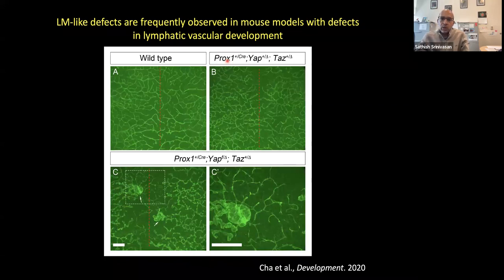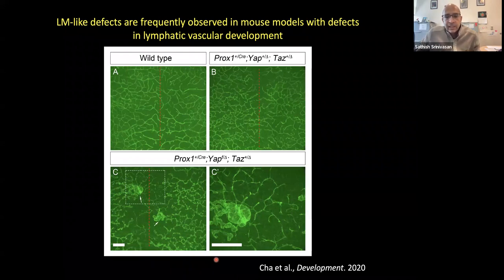So when we delete one allele of PROX1, one allele of YAP, and one allele of TAZ, you can see that there are some defects here. You can already see that the lymphatic density is somehow increased, but the vessels are not migrating close enough. But then when we push it even further, when we delete two alleles of YAP and one allele of TAZ, then we start seeing these kinds of structures, which I would call microcystic, but I don't know.